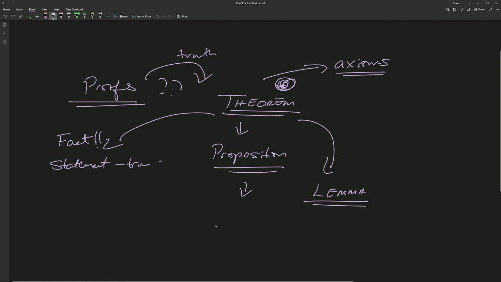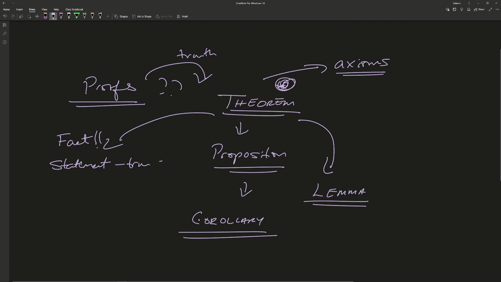Of course, we have another one. There's something called a corollary. So what is a corollary now? A corollary is a type of theorem. We could say it is a theorem that can be established directly from a theorem that has already been proved.